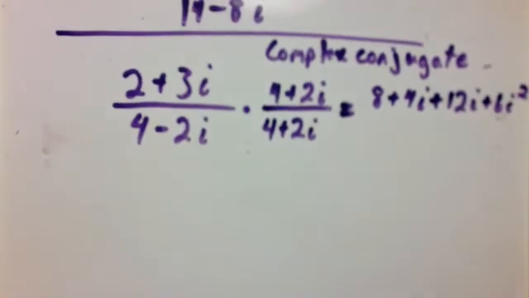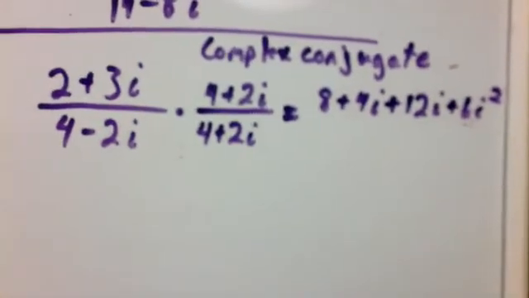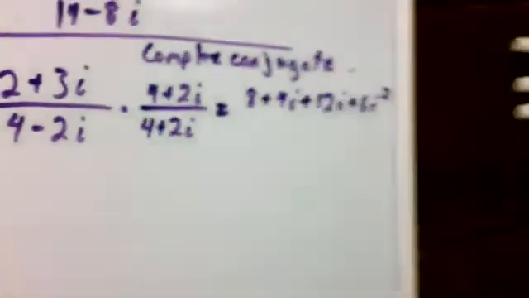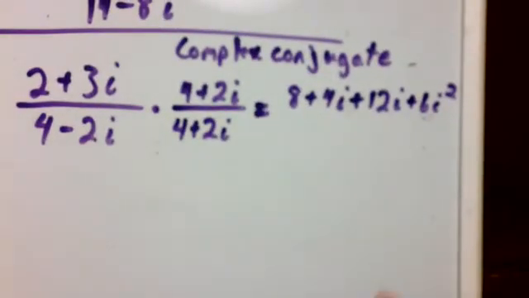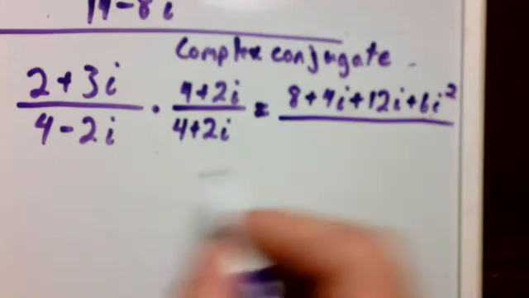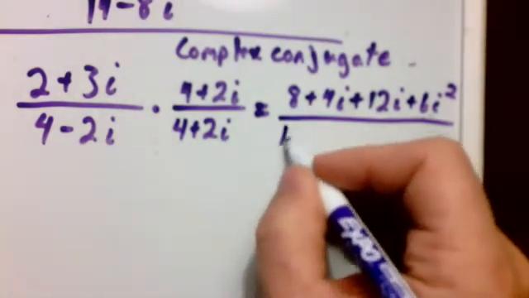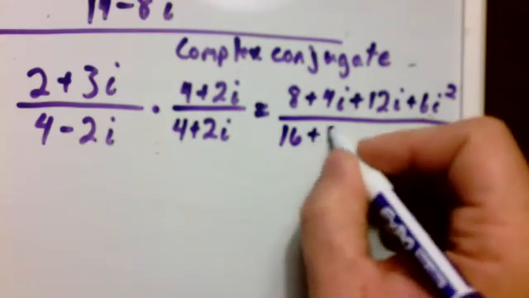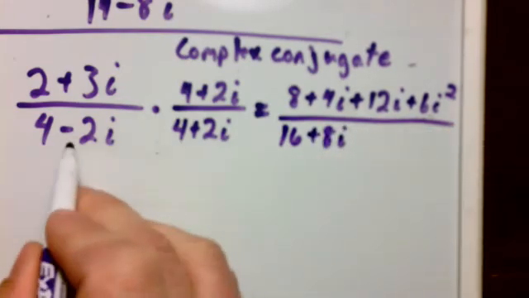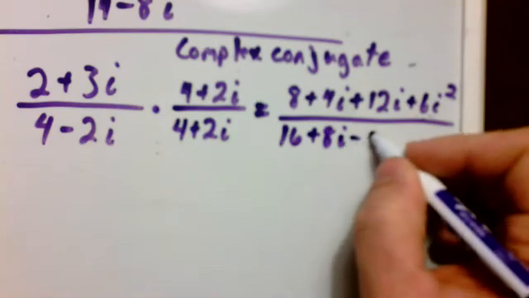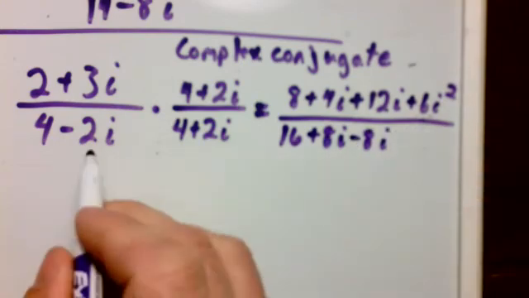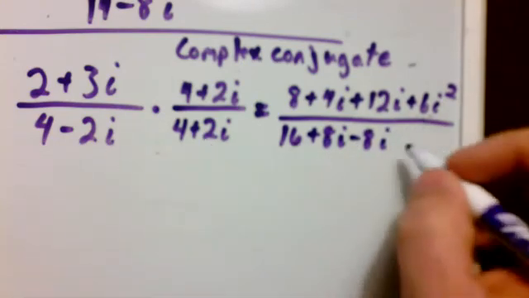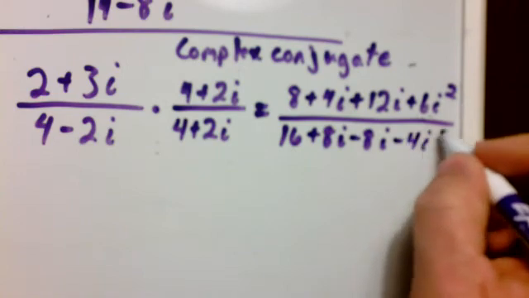Let me scroll this over just a little bit so you can see better. All over, 4 times 4 is going to be 16. 4 times 2i is going to be 8i. Negative 2i times 4 is negative 8i. And then negative 2i times positive 2i is negative 4i squared.